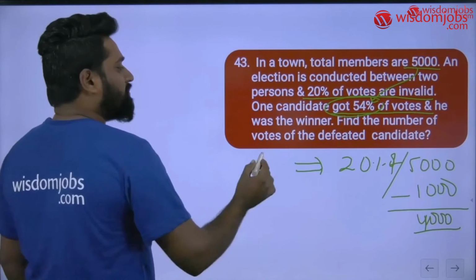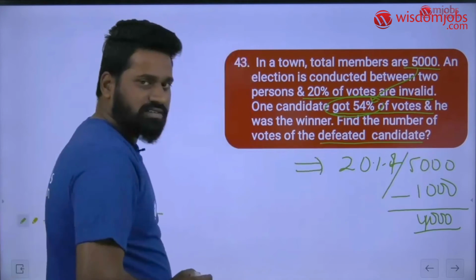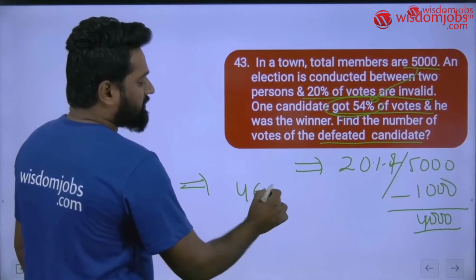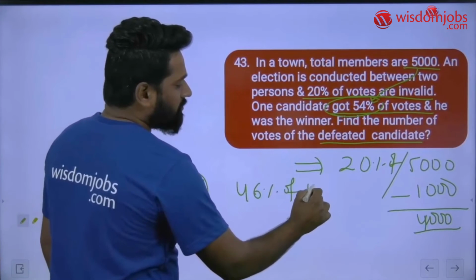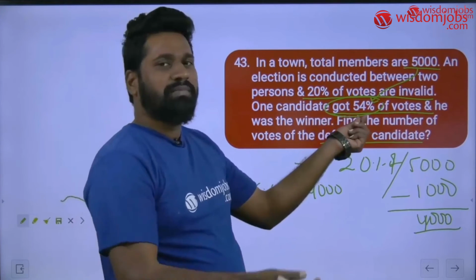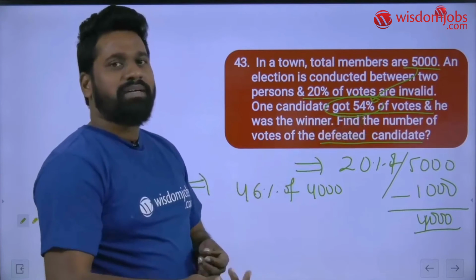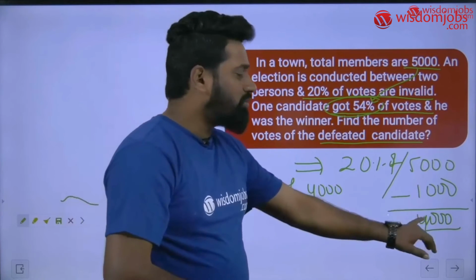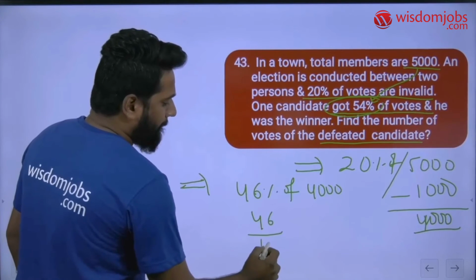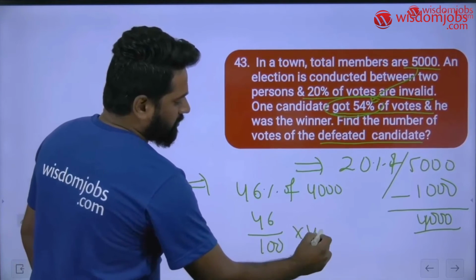I am asking about the defeated candidate, which indicates 46% of 4,000, because 54% went to the winner. So the remaining percentage is 46 out of 4,000. So 46 by 100 into 4,000.